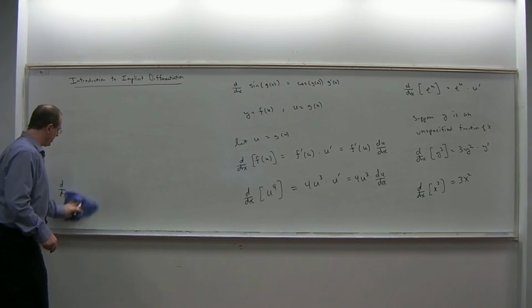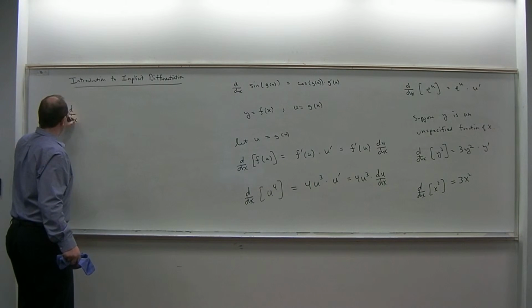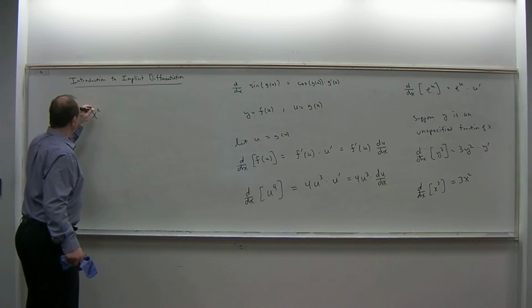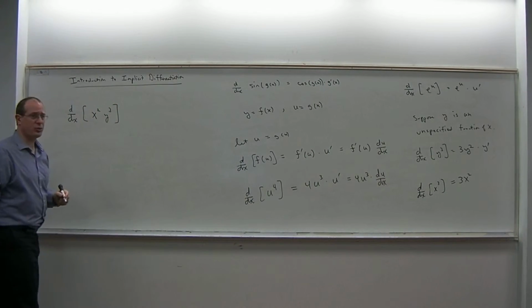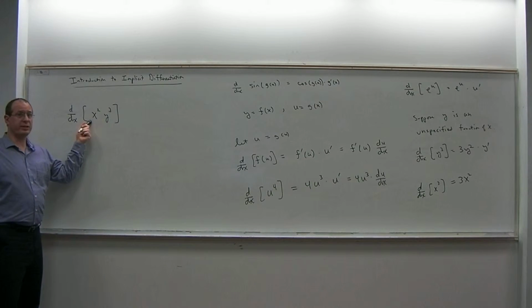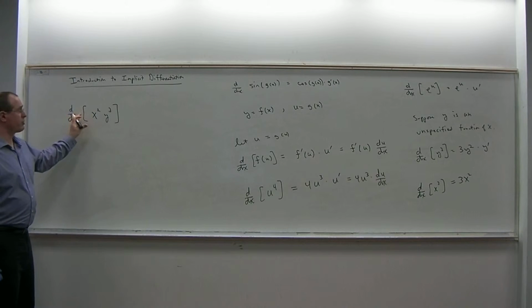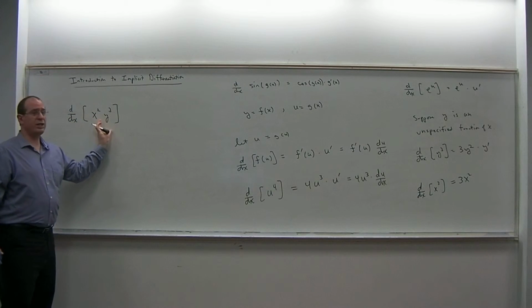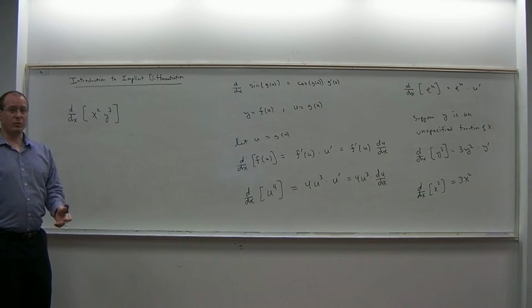Let's fiddle around with this a little bit more. What would be the derivative with respect to x of something like x squared times y cubed? So here what we have is a product. X squared is a function of x, very straightforward. And y cubed is also a function of x, but in an implicit way.